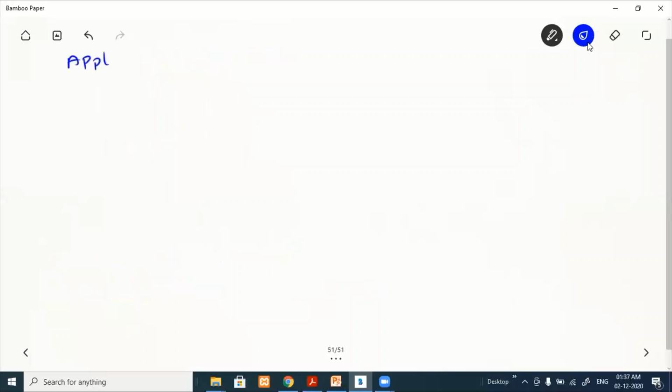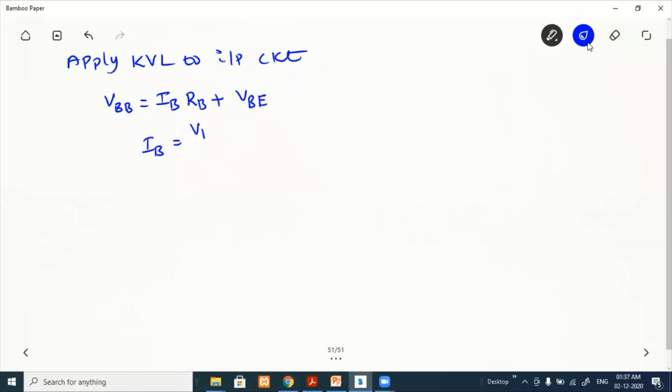Apply KVL to the input circuit, then VBB equal to IBRB plus VBE. From this, IB equal to VBB minus VBE by RB.